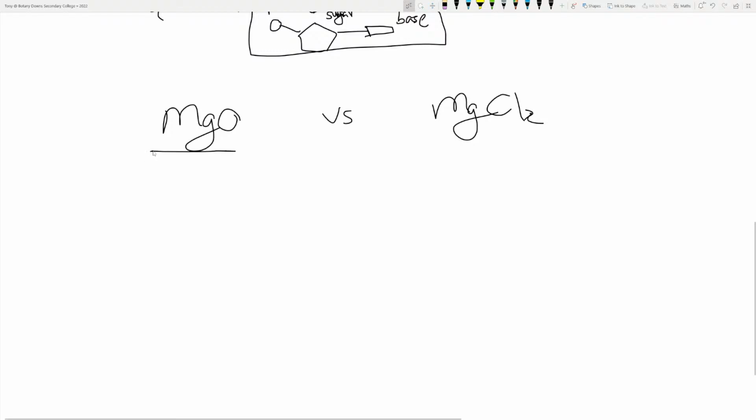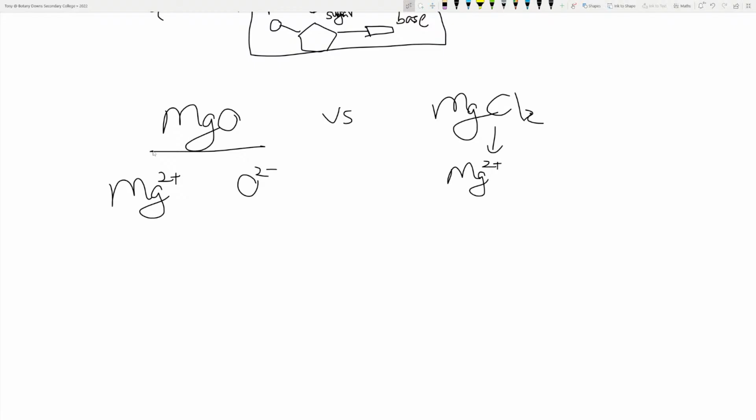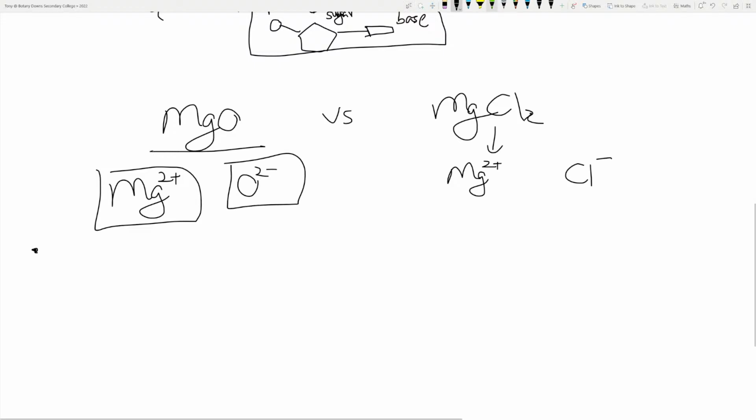If you look at this MgO, if you look at the table of ions that you get, this is made of Mg2+ and O2-. If you look at this one, this is made of Mg2+ and Cl-. This is all on your table of ions. If you're going for merit, the easiest way is you just look at the charge. So this is 2+, this is 2-.